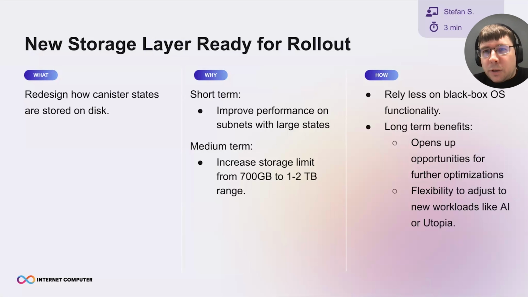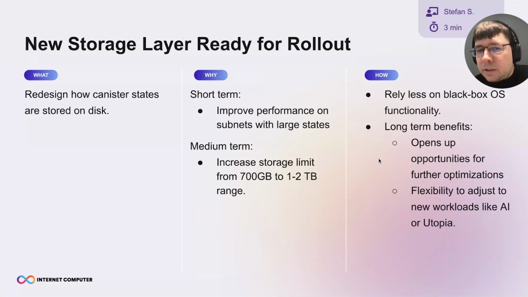And the reason why we're doing that, you've seen it on the roadmap before, is that resilience and scalability of the ICP is very important, and this fits in there. In particular, it's going to improve the performance on subnets with large states. And it's going to give us the headroom to increase the storage size limits further.